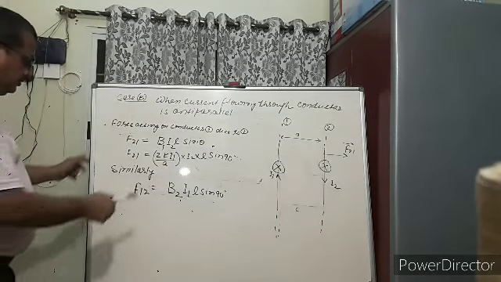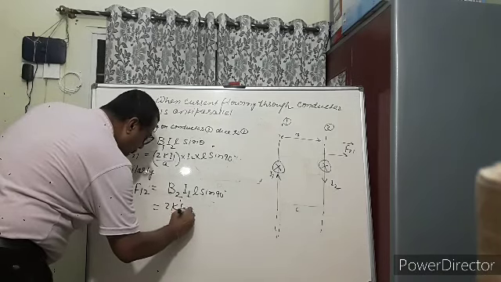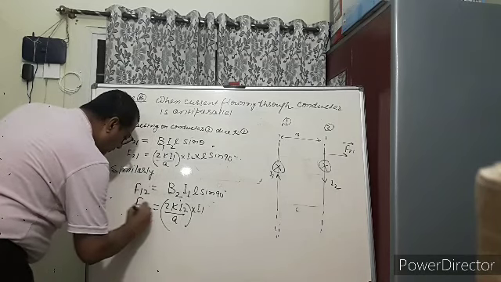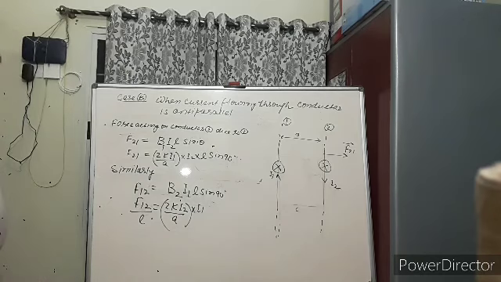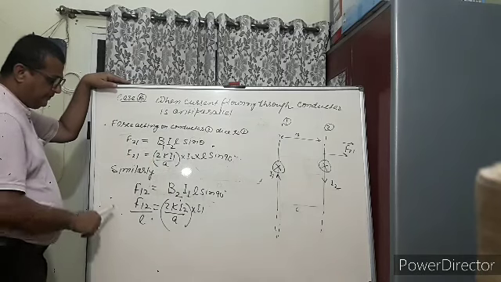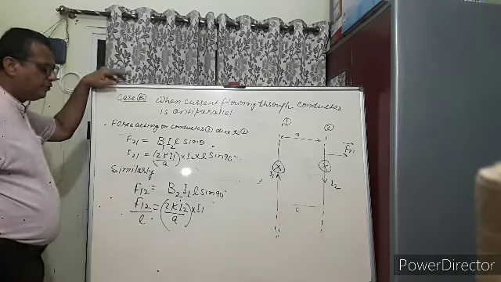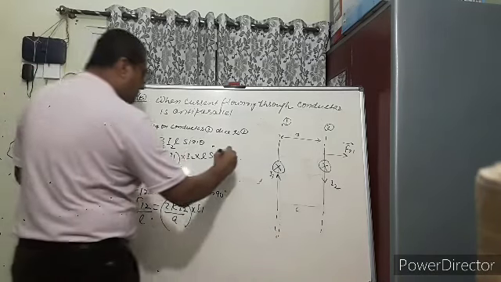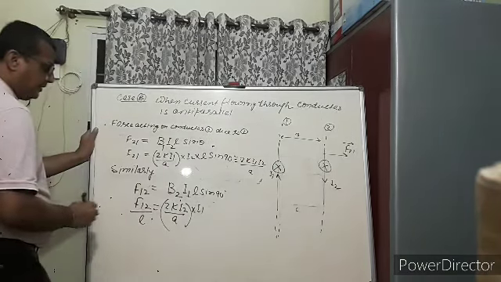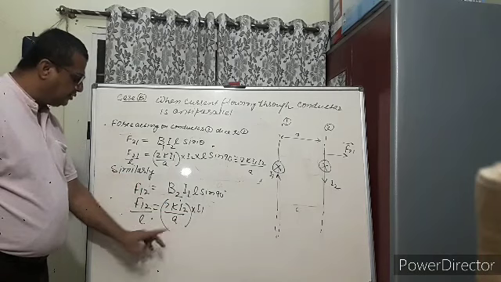Now this will be equal to 2K I2 by A into I1. F12 divided by L, I think it is clear, is also 2K I1 I2 by A. The force per unit length is the same, so again the force is the same, and its value is also 2K I1 I2 divided by A.